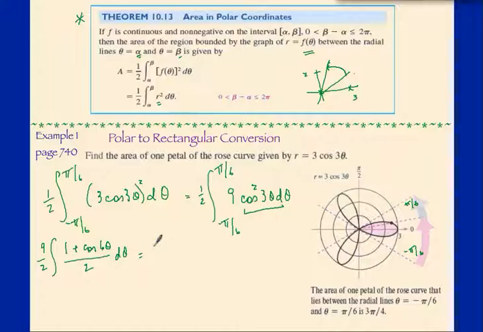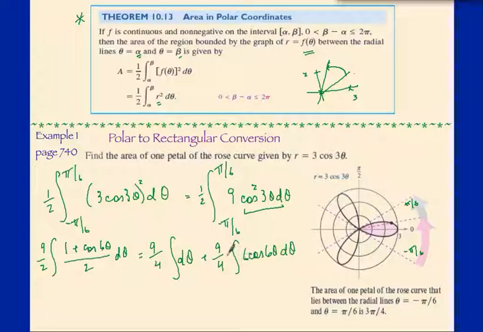We are going to change this to 9/2. I'll separate it now to two integrals. Let me make this 9/4 and factor out the 2 in the denominator. 9/4 and then the integral of 1 d theta, and then plus 9/4 the integral of cosine 6 theta d theta.